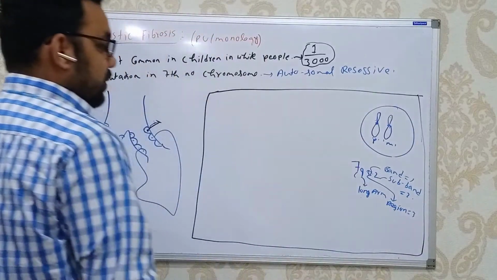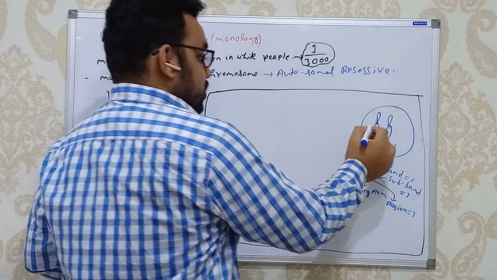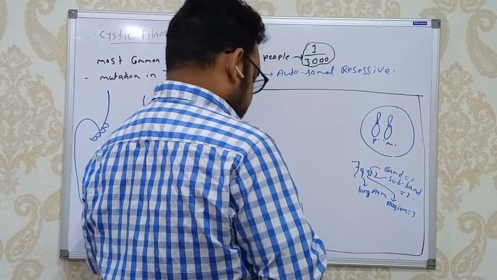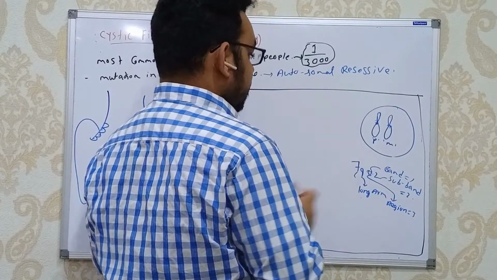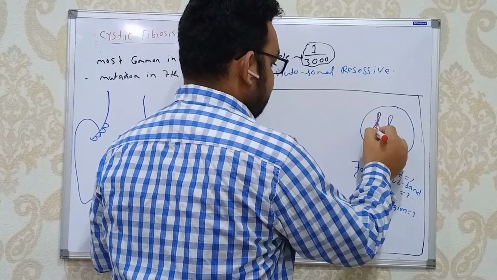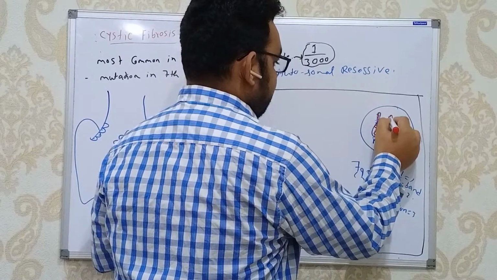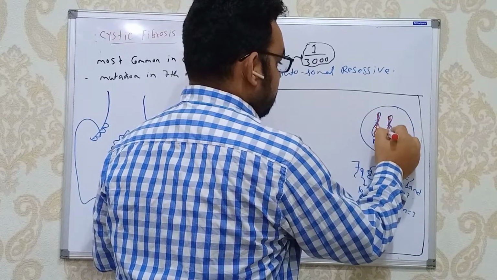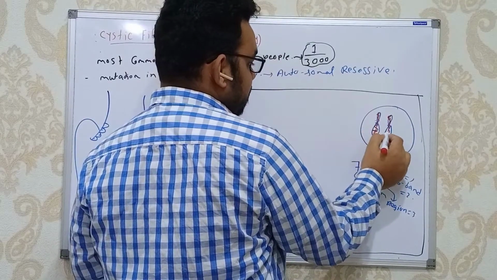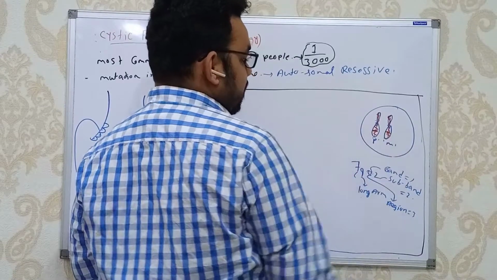What's the problem here? Within the chromosomes there will be the DNA, and the location of this gene is basically here.